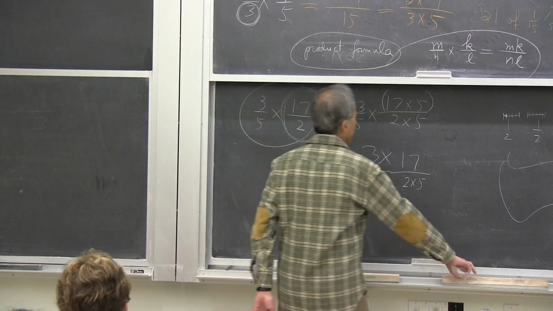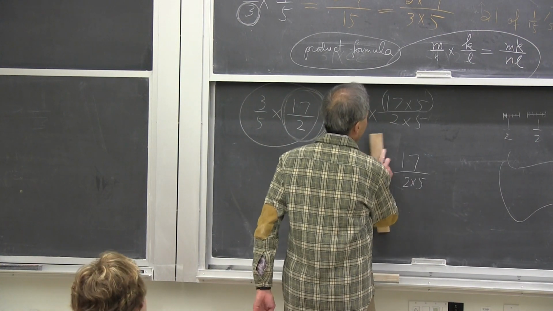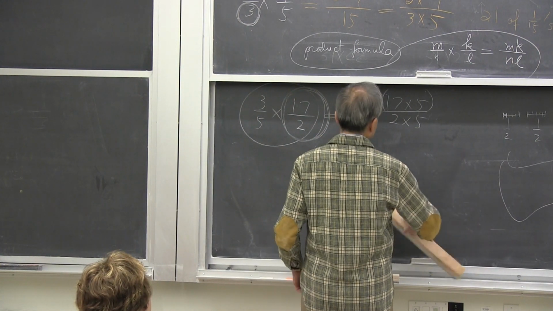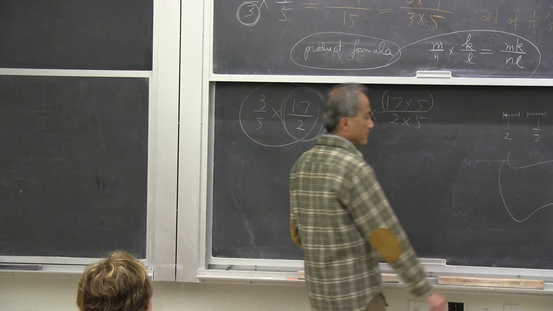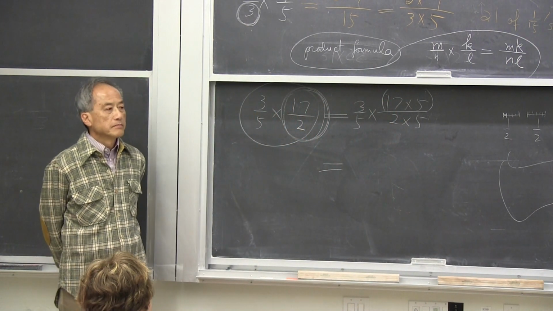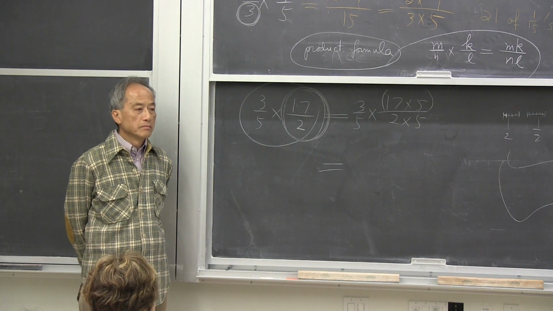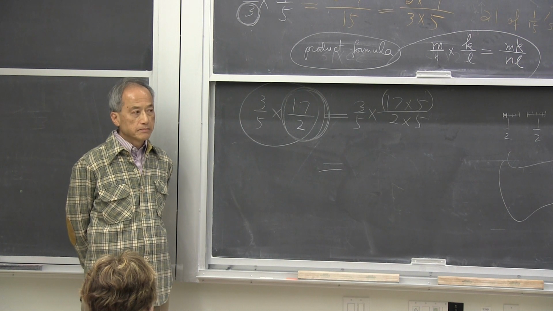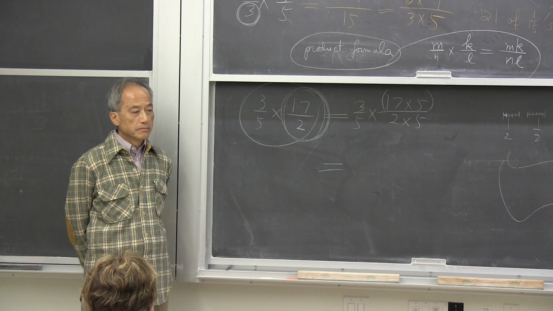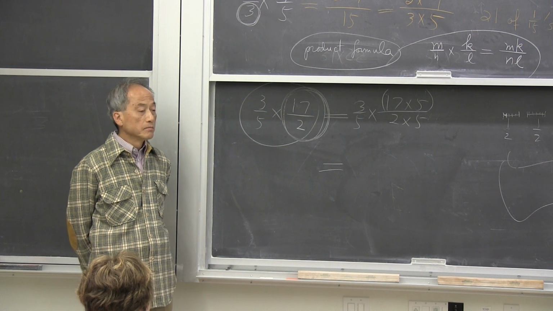If you're dividing that whole thing, 17 times 5 over 2 times 5, into 5 equal parts, what does 1 part equal? That's 17 over 2 times 5.